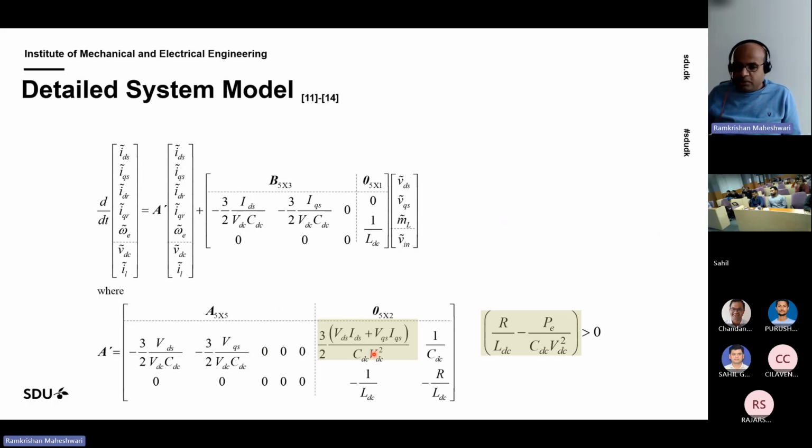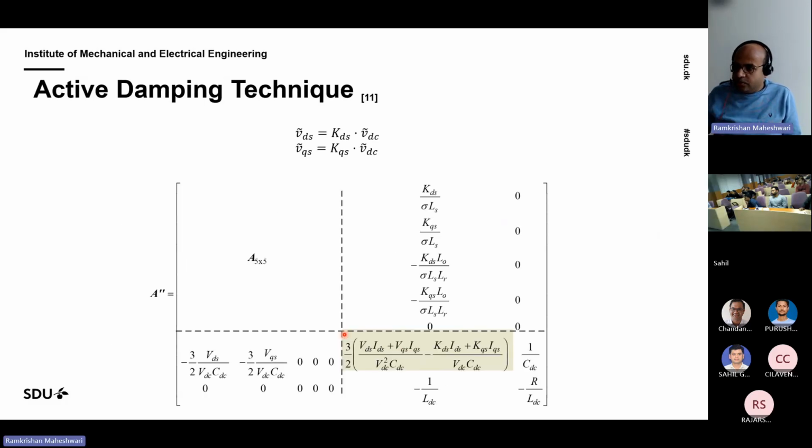But the problem here is a positive value of this diagonal element. This is a problem. So how can I make this 0? To make this 0, we inject D and Q axis voltage with a high frequency component of the DC-link voltage.